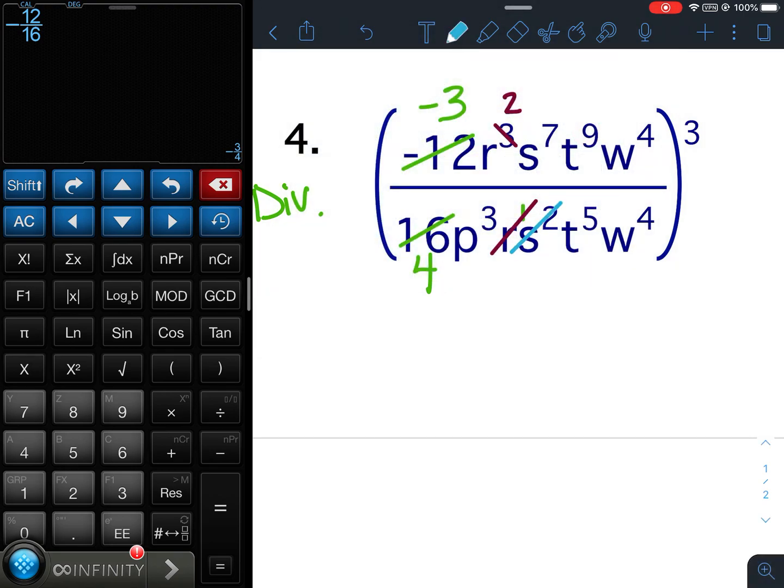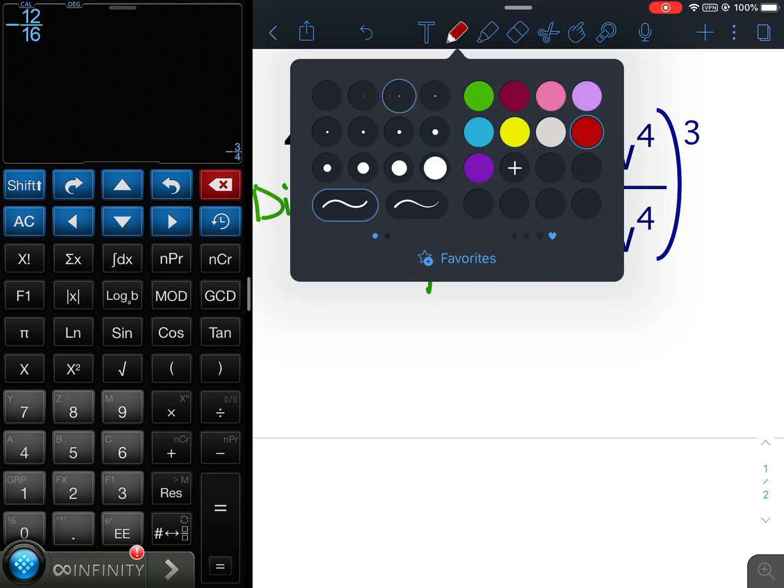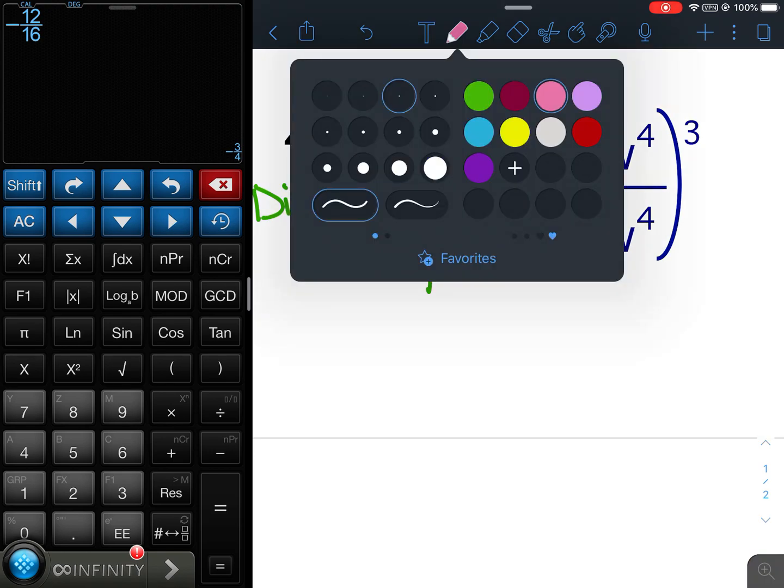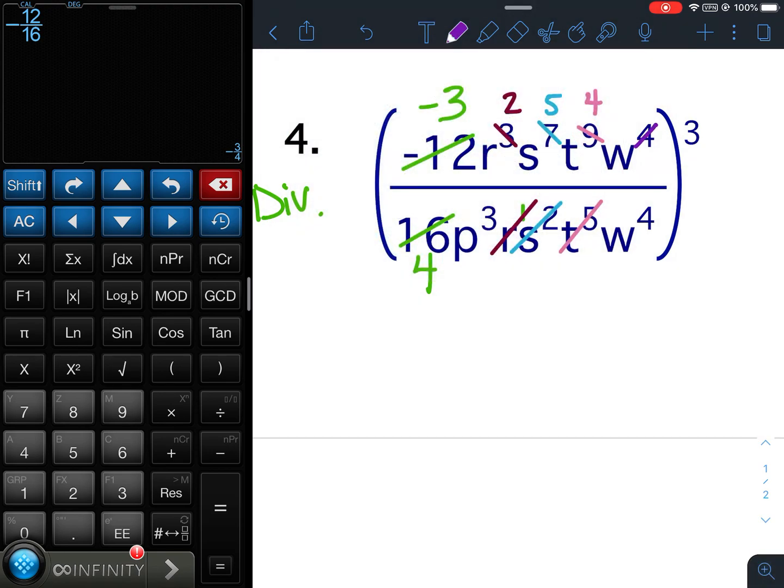S to the second has the smaller exponent. 7 minus 2 is 5, so 7 becomes a 5. T to the 5th is the smaller exponent. 9 minus 5 is 4. And then the 4s are exactly the same thing on top and bottom, so they just cancel out.